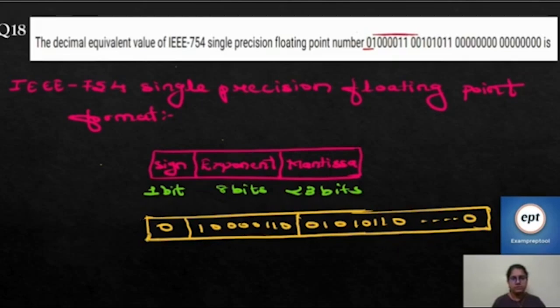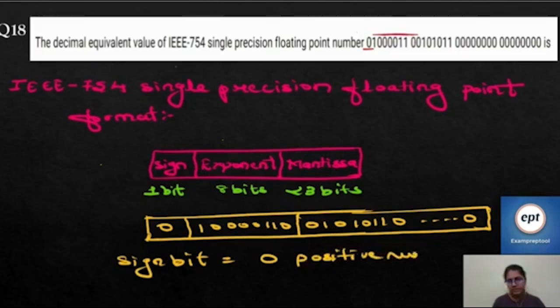So now let's see. The sign bit is 0, which is a positive number. That clarity we got, that the number is positive or negative from the first bit itself we can know. Then second, now we have to take out the value.